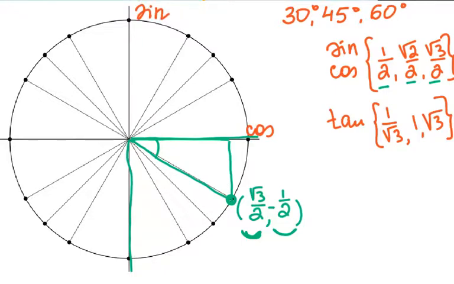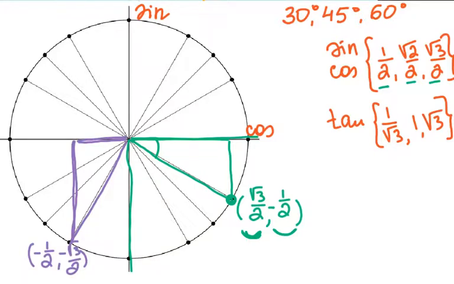So now if I look at this triangle right here, that gives me the longest y, the shortest x, and both negative. So that is negative 1/2 and negative square root of 3/2.